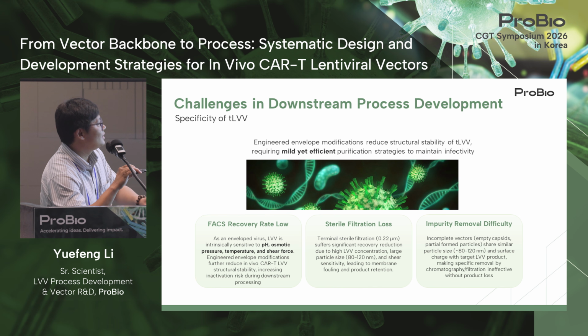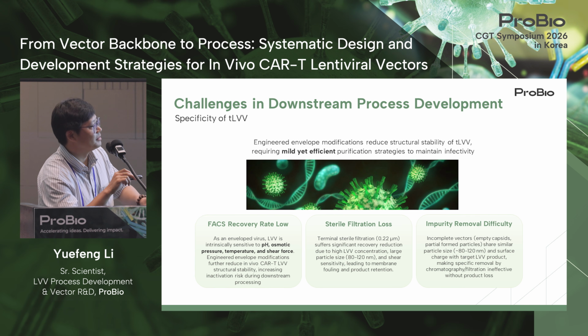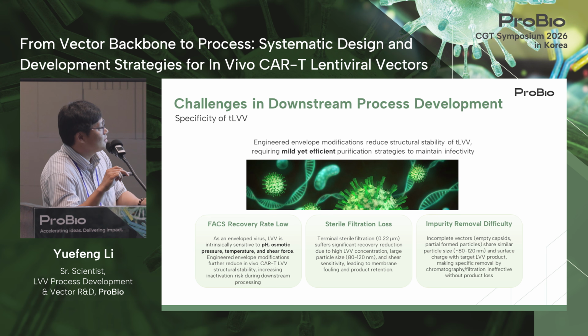In the past I was talking about the upstream challenges, and there are also challenges for downstream process. The first one is, because we now have binders on the LVVs, this will make the tLVVs more fragile for all kinds of purification processes. And also, because we're using them in vivo, now we have a terminal sterilization filtration.